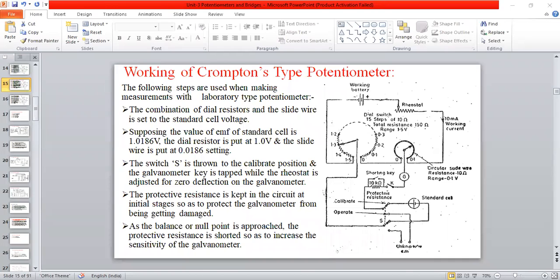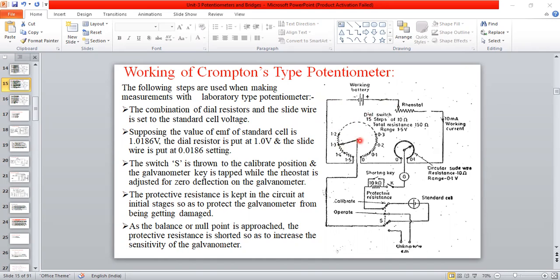We are going to use this dial switch in the laboratory type. The dial switch has 0, 1, 2, 3, up to 15 dials here.